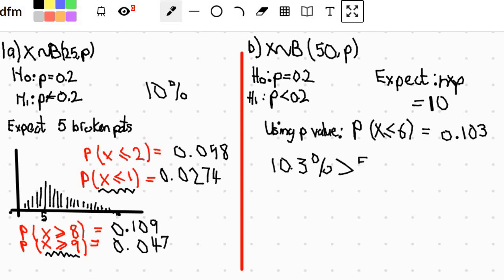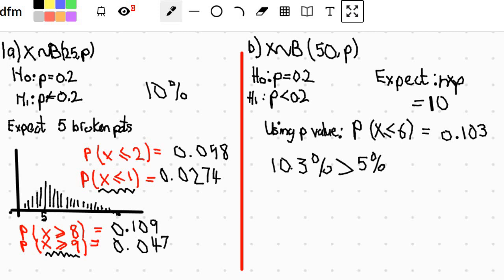The significance level was 5%. Okay, so therefore it is not significant enough. It is not that unusual. So we don't suspect anything has changed.